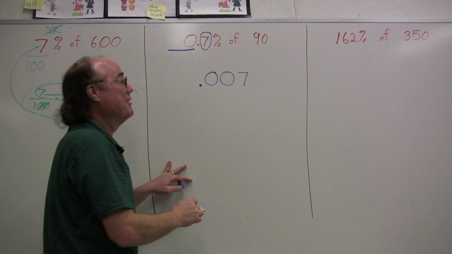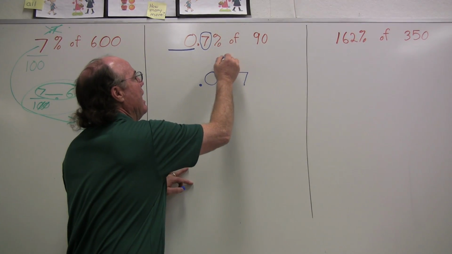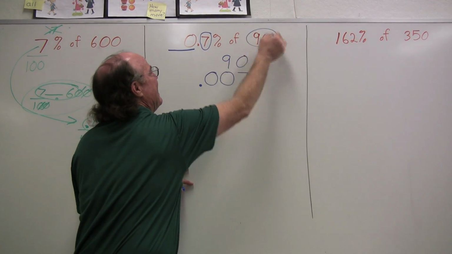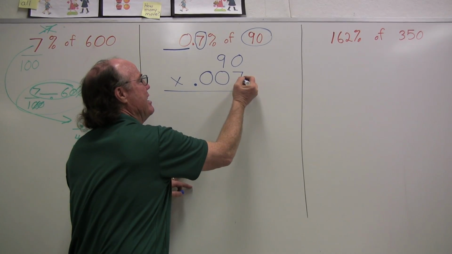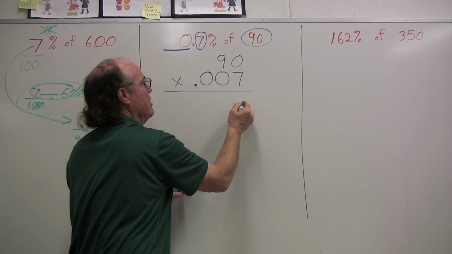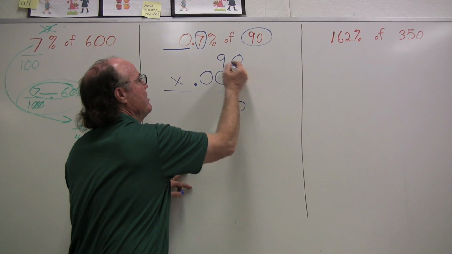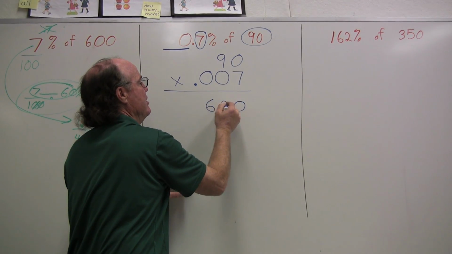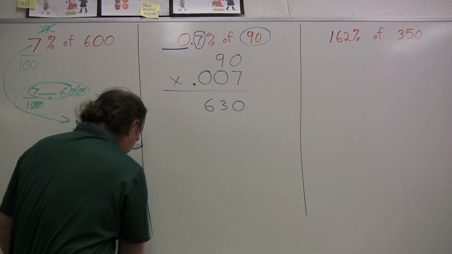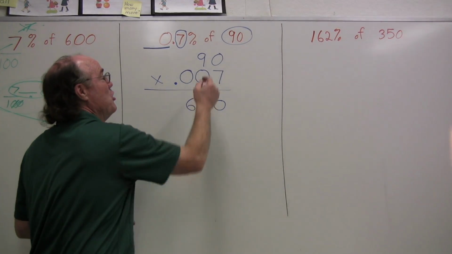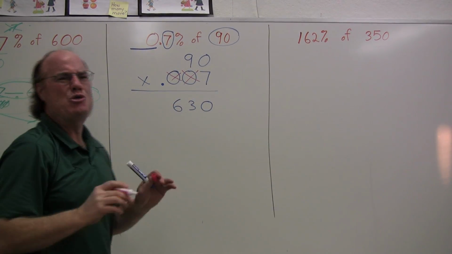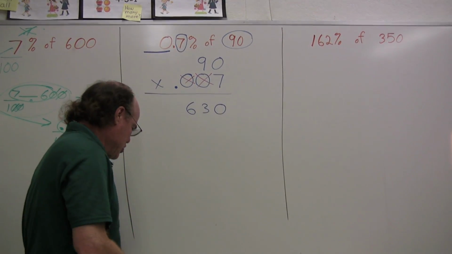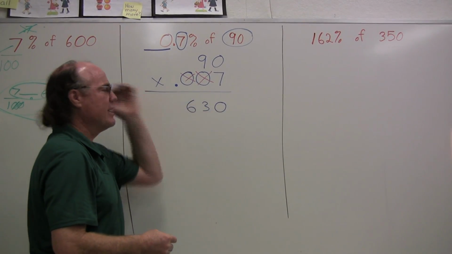That's pretty tough. Now we're going to multiply by 90. Okay? Now, watch this. 7 times 0 is 0. 7 times 9 is 63. Now when we do this, you don't multiply by this and go out zeros. You do not do that. You stop at 630.